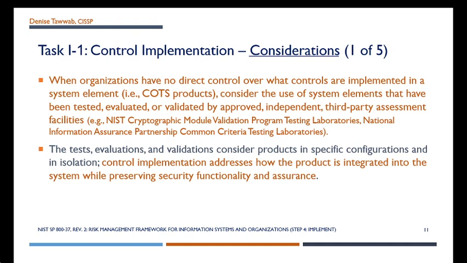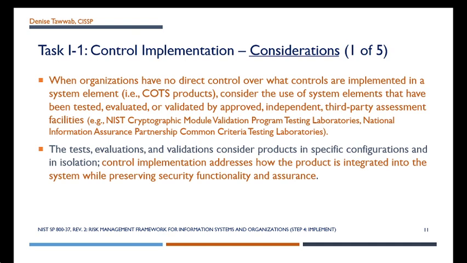When organizations have no direct control over what controls are implemented in a system element, for example, commercial off-the-shelf products, commercial off-the-shelf software, etc., you want to consider the use of system elements that have been tested, evaluated, or validated by approved independent third-party assessment facilities.